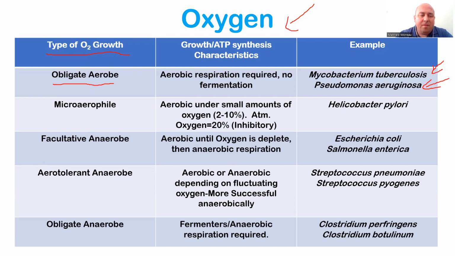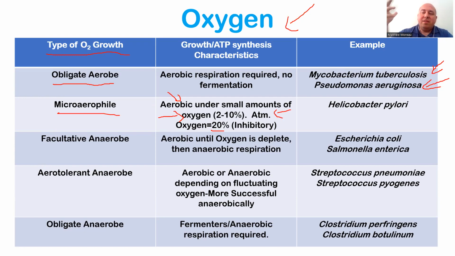We then have microaerophiles. Microaerophiles are aerobic and perform aerobic respiration, but they need to live in a certain percentage of atmospheric oxygen. Again, as we talked about in class, oxygen makes up about 20% of atmospheric composition of gas, and they need to live in oxygen environments which are 2 to 10%.